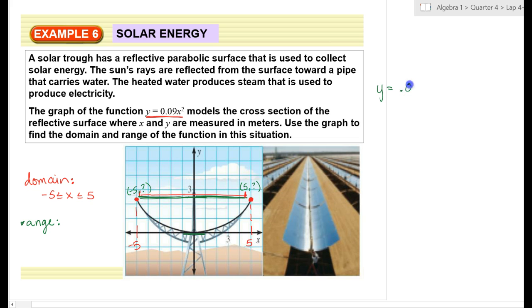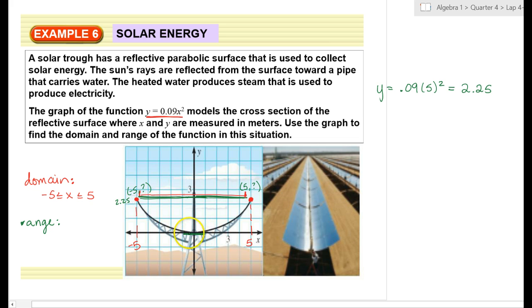y equals 0.09 times 5 squared. 5 and negative 5 are going to give me the same answer, so you only need to do it once. You plug that into your calculator, and you get 2.25. So this height now is 2.25.